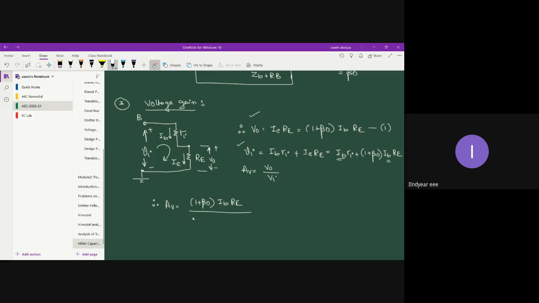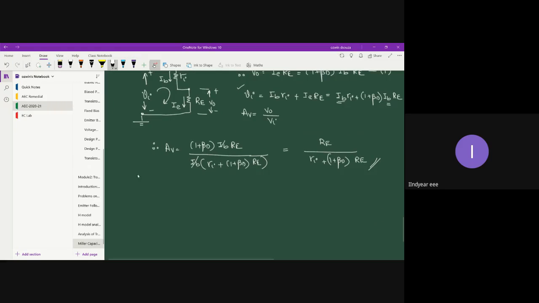So let me take IB outside the bracket. Within the parenthesis, I'm left with Ri plus 1 plus beta D times capital Re. So IB gets cancelled. So voltage gain, you will get it as Re divided by Ri plus 1 plus beta D times Re. So this is the exact expression.